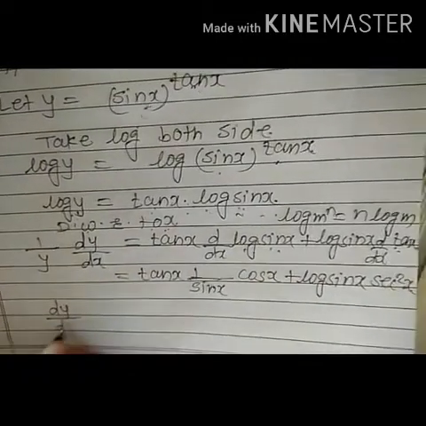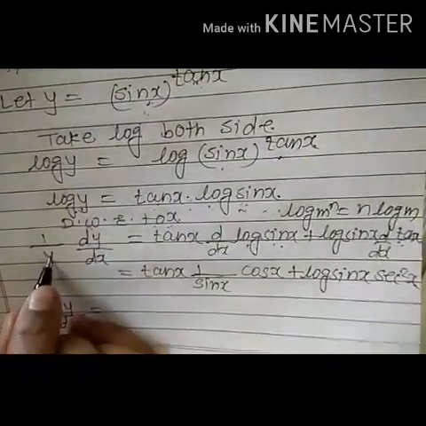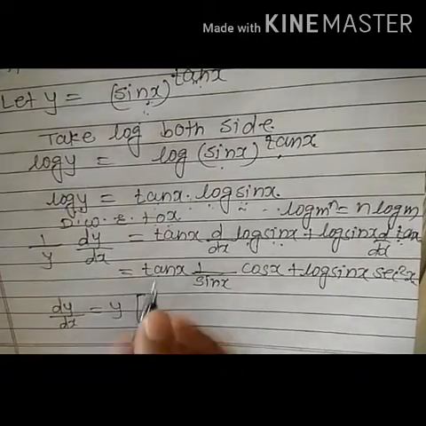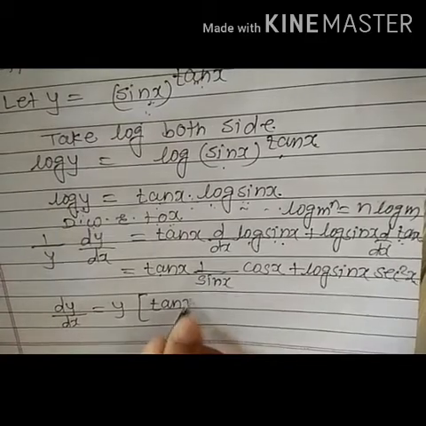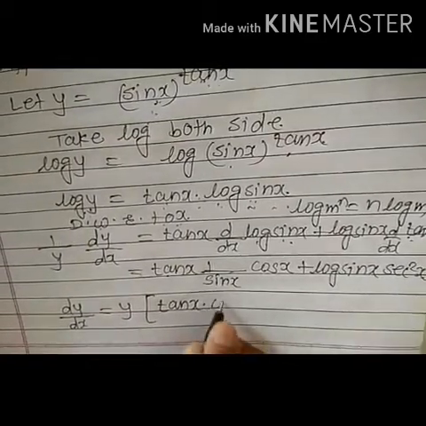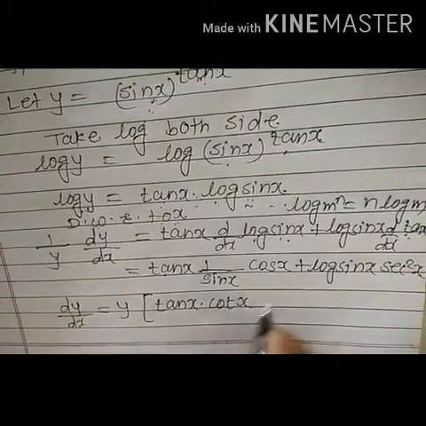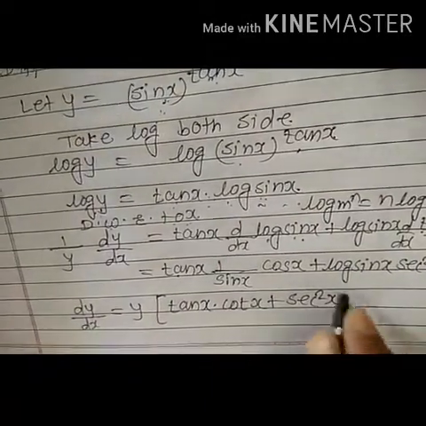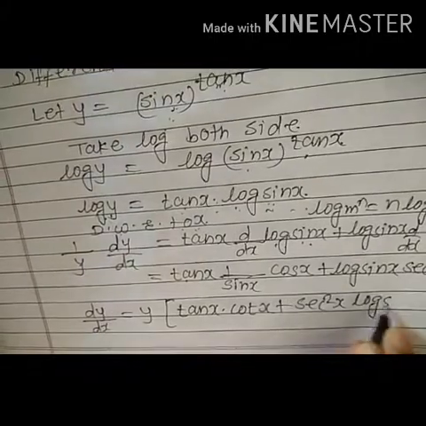Now dy by dx equal to, here y is in division form, here multiplication form, tan x as it is. Now cos x by sin x means cot x, plus sec square x times log sin x.